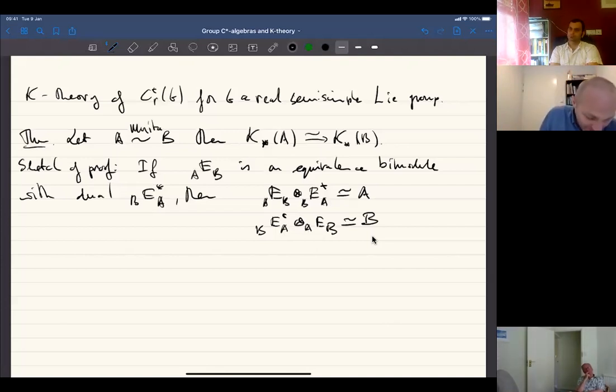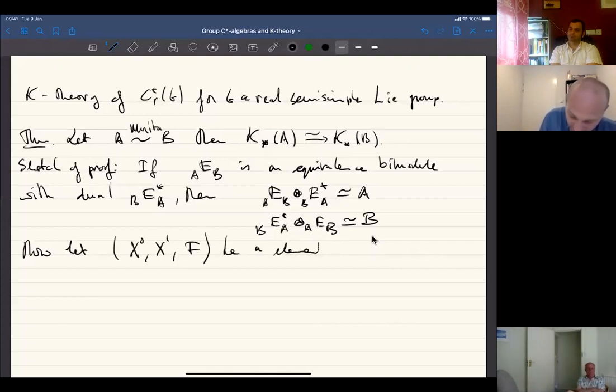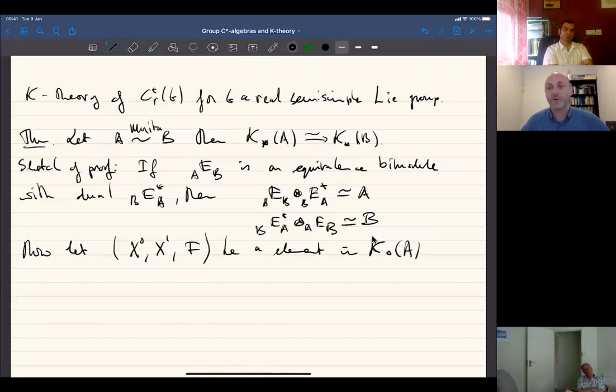And now let x0, x1, f be an element in K0 of A in this Kasparov picture. This is one of the reasons why this picture has advantages, at least for theoretical purposes, because we're working with non-unital algebras.